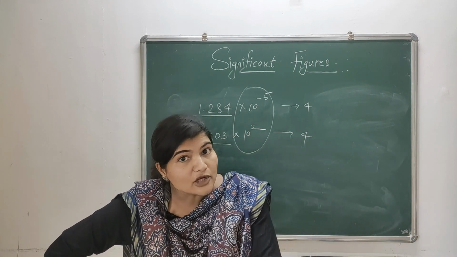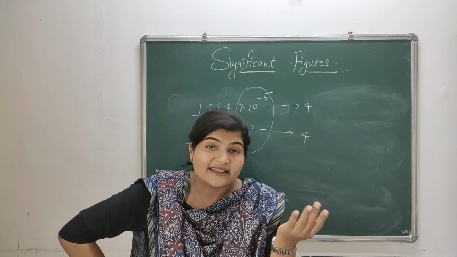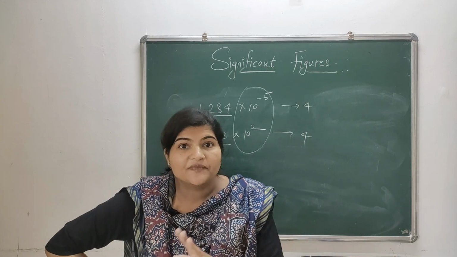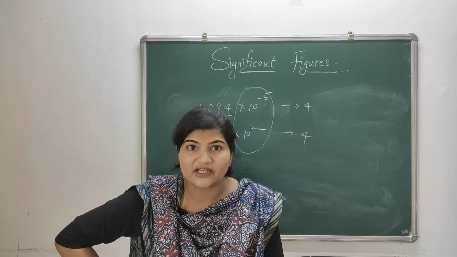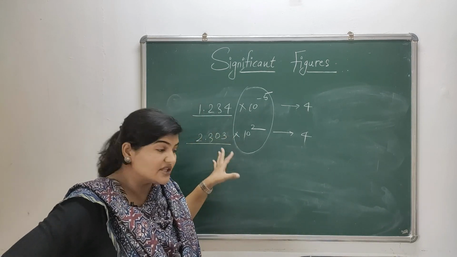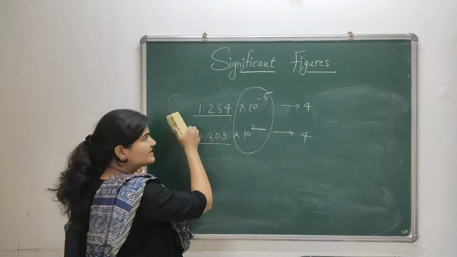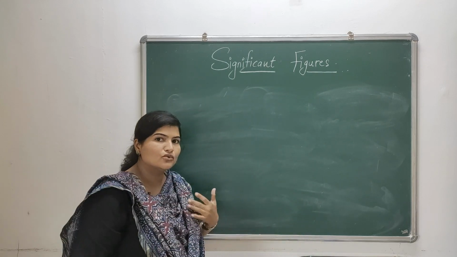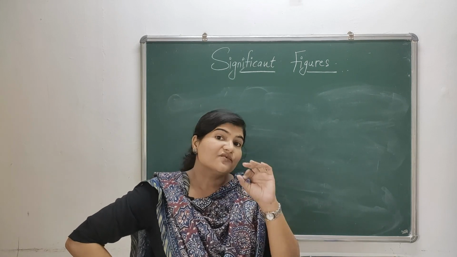On the right side of a non-zero digit, if there is a decimal point and they are at the right side of the decimal point, they are significant. If they are terminal, at the end of the number, but there is no decimal point, they are not significant. And if you are writing the number in scientific notation, then all the digits present here are significant figures.